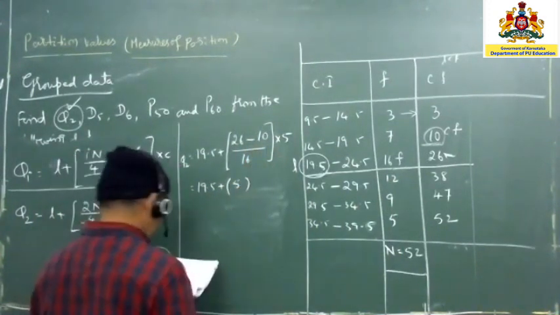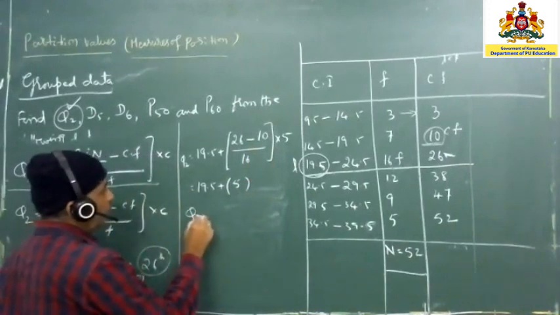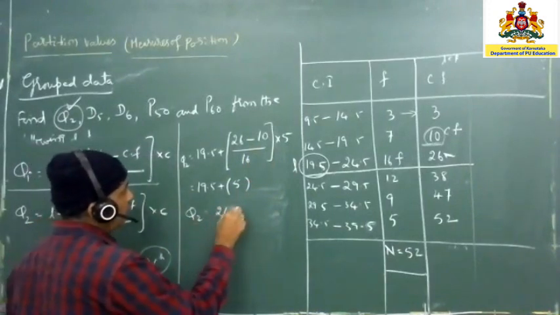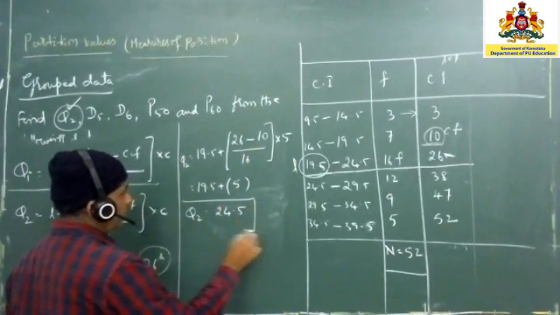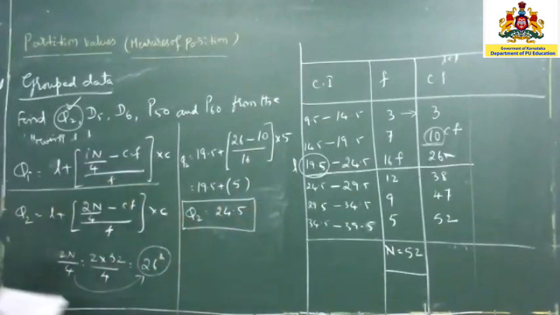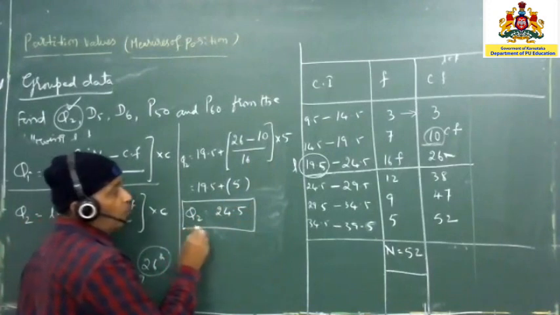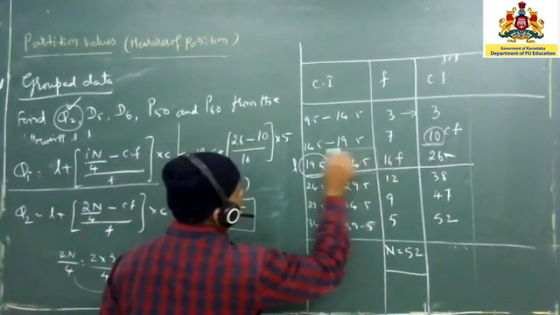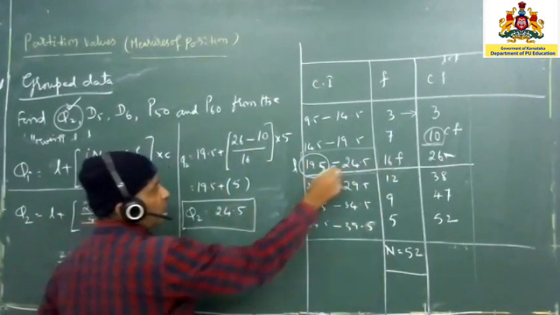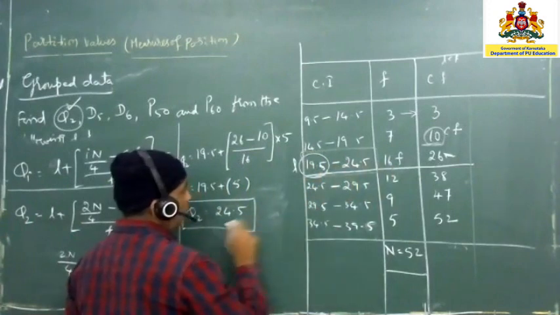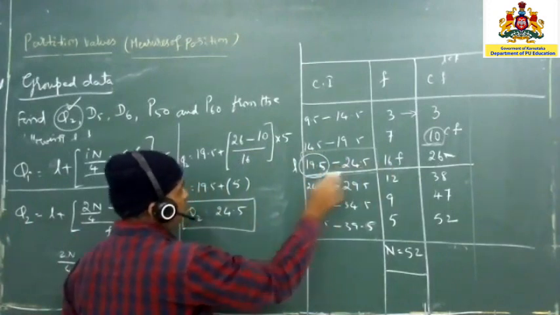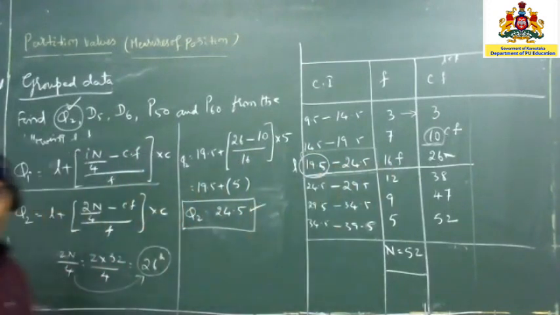So Q2 is 24.5. Whenever you get this kind of a value, it should fall within the class interval you have chosen. So exactly 24.5 is there, so this answer is going to be correct.